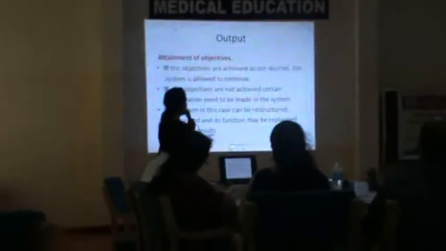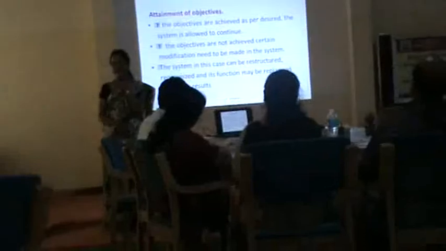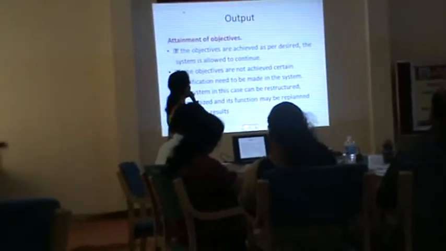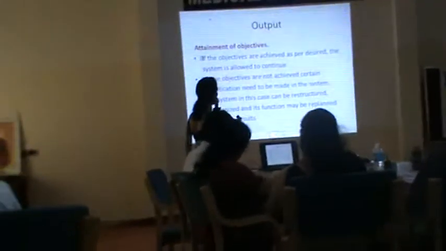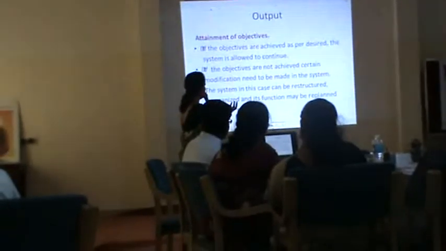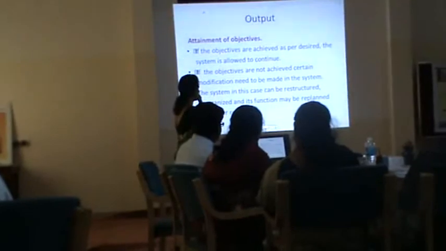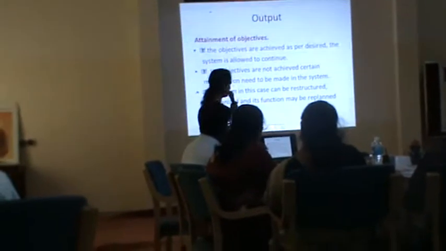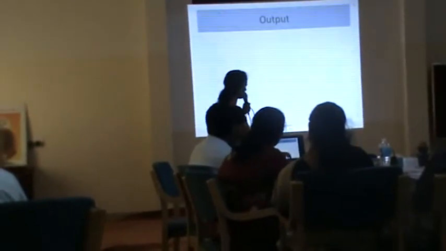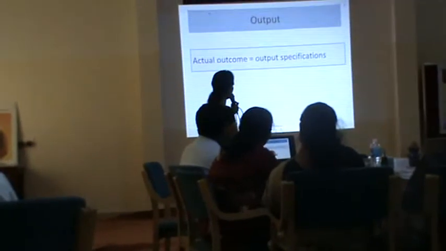If the objectives are as desired, then we allow the system to continue. If it is not the desired outcome, then we look at it. If they are not achieved, then certain modifications need to be made in the system. The system in this case can be restructured, reorganized, and its function replanned for better results. That is the advantage of an open system.